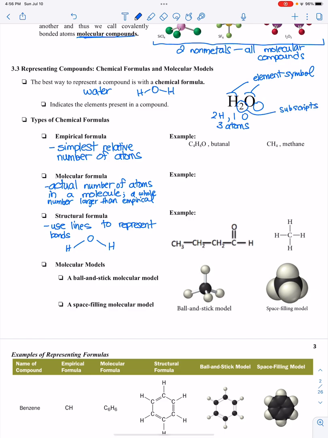I'm not going to write all this down, but you could write this as a little note for yourself. Subscripts tell me how many of each atom there are in a compound. So I have 2 hydrogen atoms in this compound. And since I don't have a number next to the O, we assume that there's a 1 there. If there is no subscript, assume that it is 1.